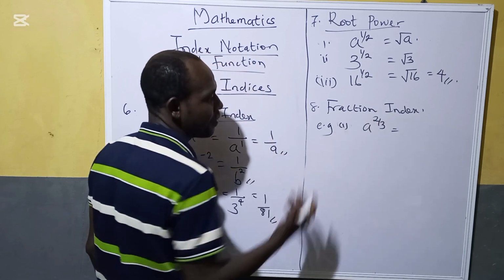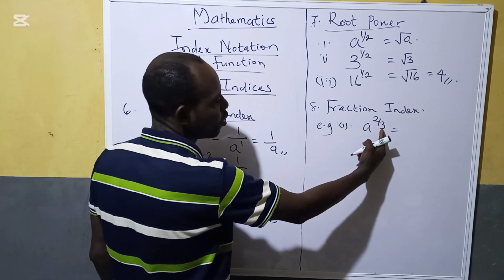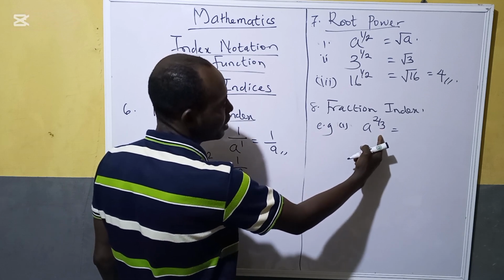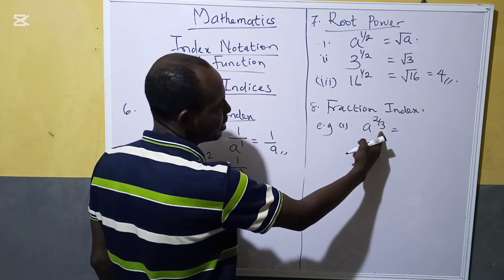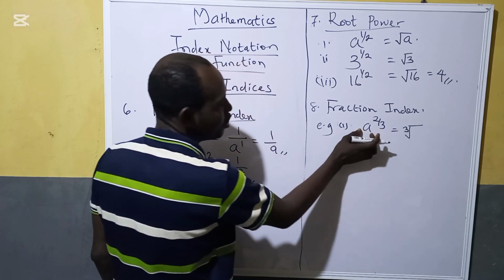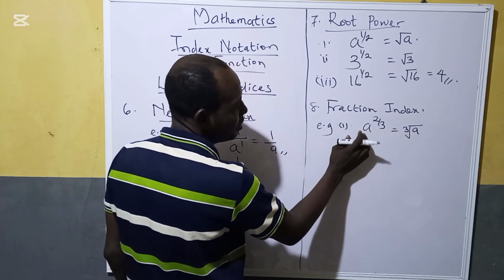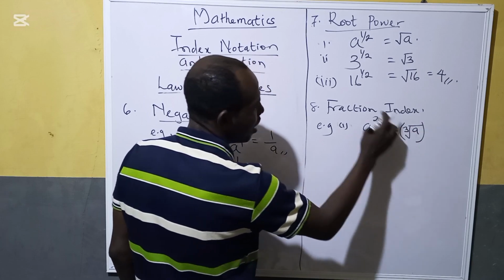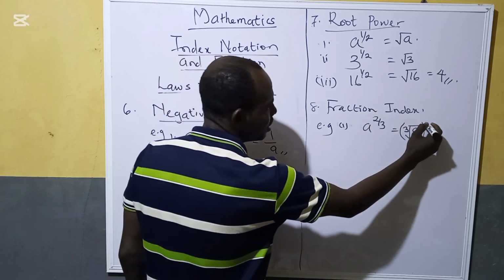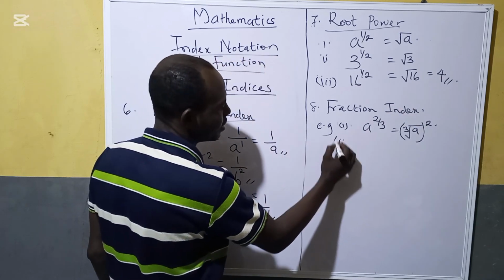Now 2 over 3 is a fraction and it is not root. So how will you do it? Now you take the root of the denominator, and in this case it is 3. So that will be the cube root. Then your base, which is a, will be here, cube root of the base. Then you raise to the power of the numerator here, which is 2.